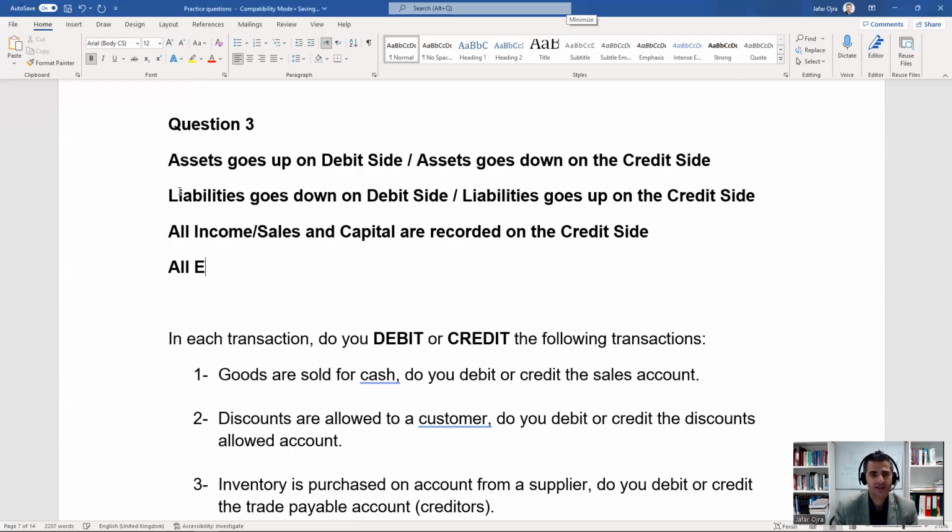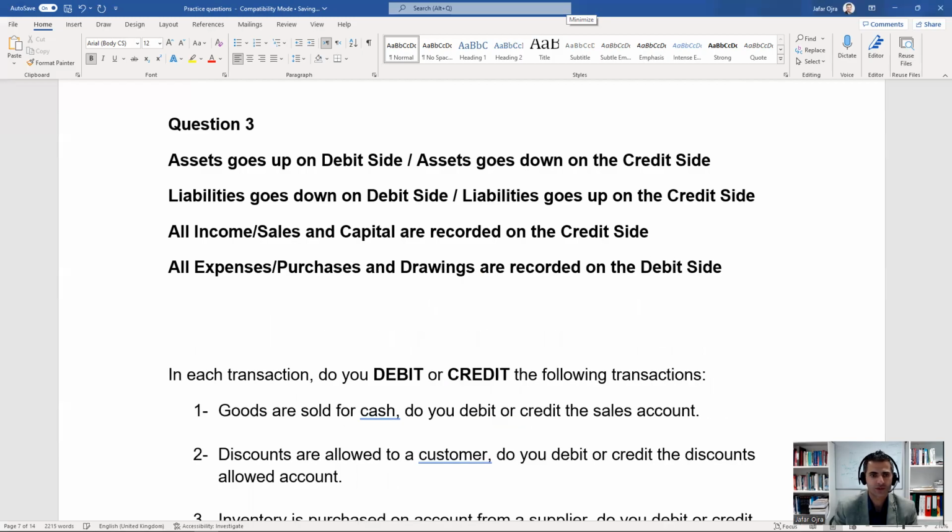All expenses, purchases, and drawings are recorded on the debit side. So that's rule number 4. All expenses, including purchases, expenses, drawings, everything should be recorded on the debit side.